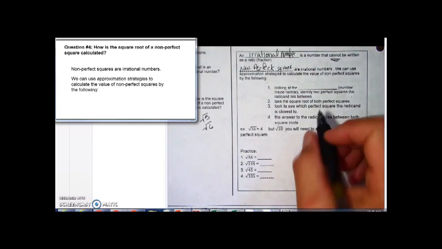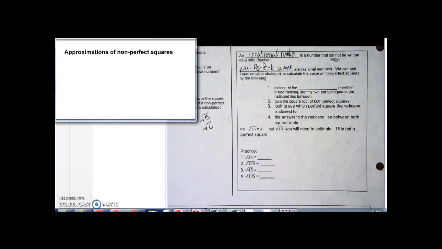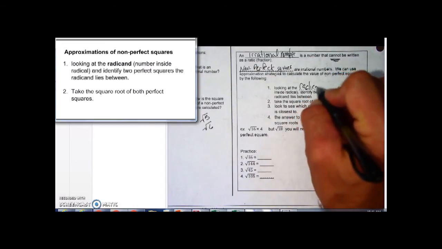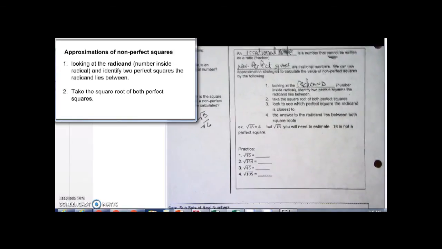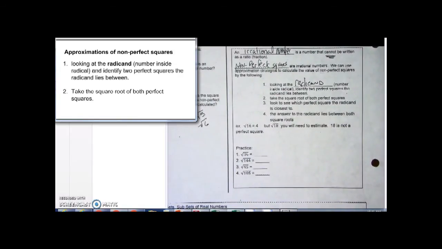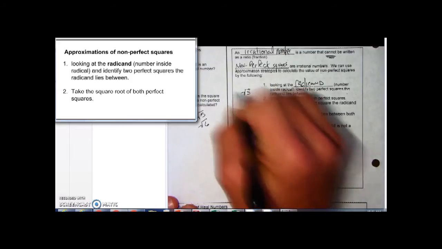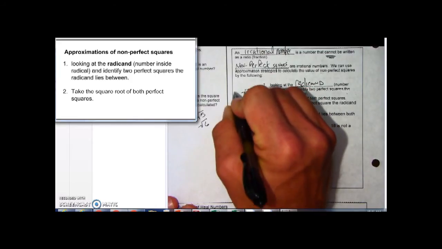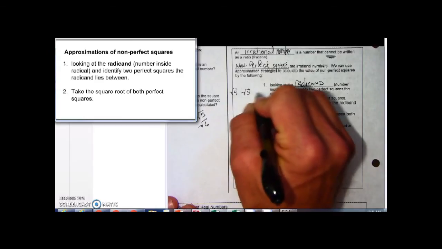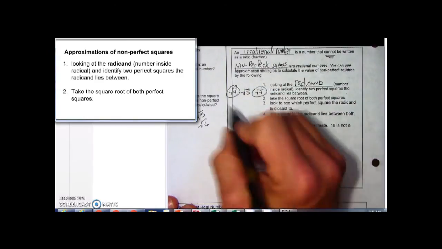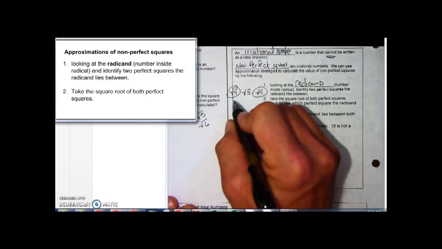Okay? All right, so here's the process: look at the radicand. That's the number inside the radical. Identify the two perfect squares that it lies between. So for the example, the square root of 5 is in between the square root of 4 and the square root of 9. We know these, right? What's the square root of 4? 2.